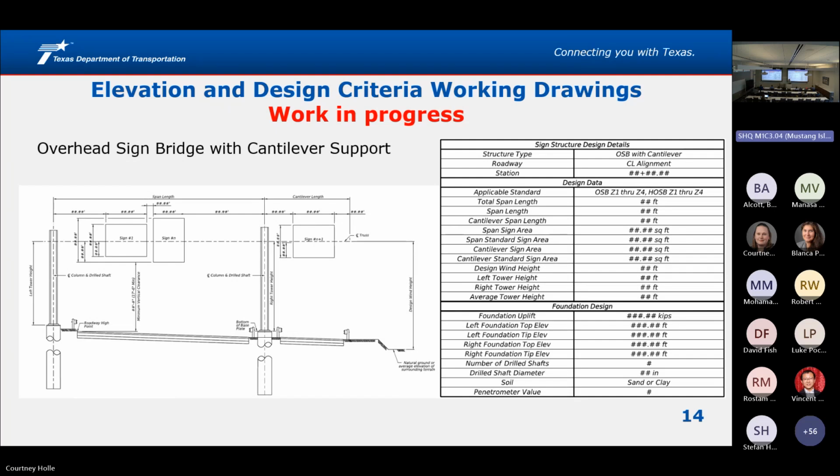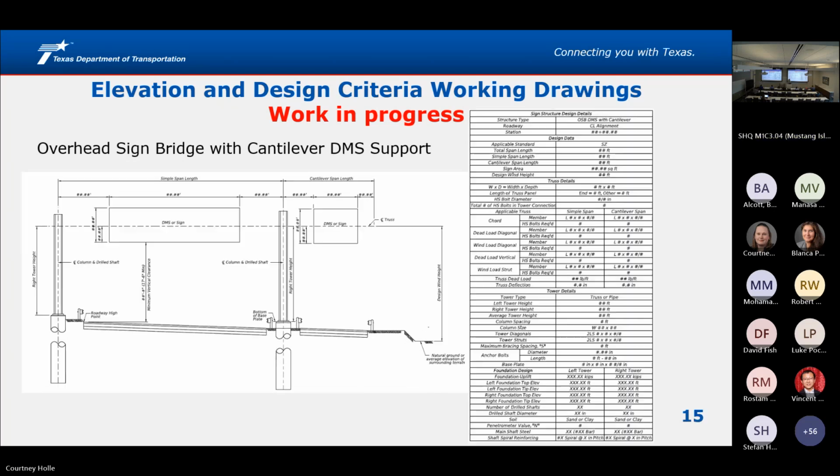And if it's an OSB with a cantilever, standard panels, slightly bigger table than just an OSB. Again, just a little bit of extra data to identify your span and your cantilever criteria. And lastly, if it's got a DMS, say you had traditional panels on the span, but a DMS on the cantilever, it is again a special zone, fill out the tables.